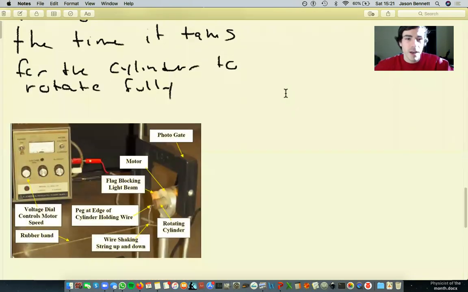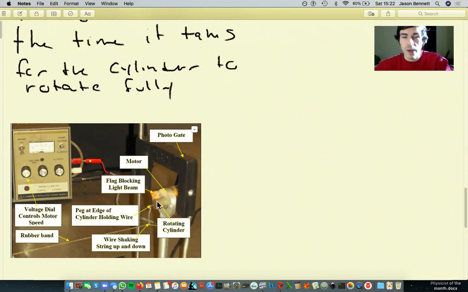A picture explains that here, and you'll see it when you get to lab. There's a cylinder that's rotating due to this little engine that's pushing things. It is attached to a kind of rigid thing that is on a hole here and through the string, and as that goes up and down, it shakes the string up and down.